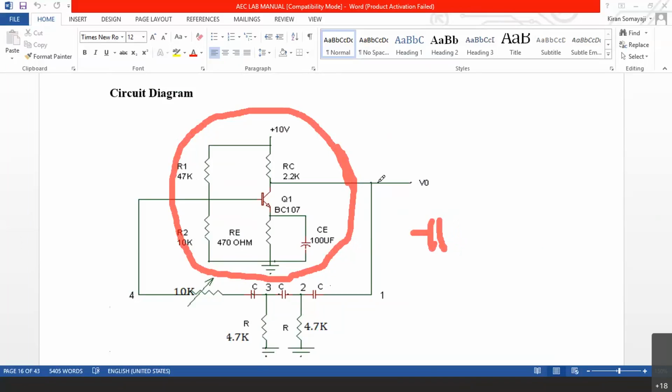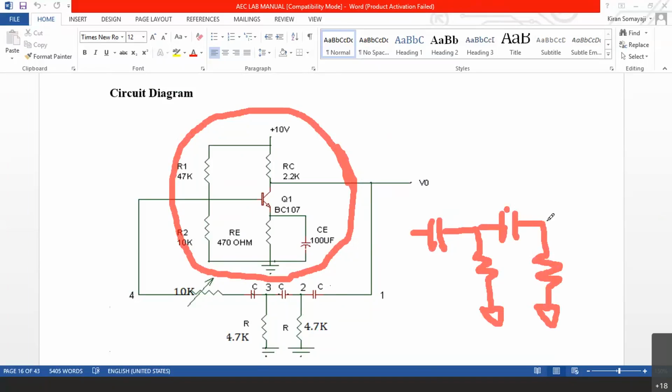There is this C. You can see from the output it is coming to a capacitance. Then from this C, there is one R connected to ground. Then there is one more C. One more C. Then there is one more R that is connected to ground.